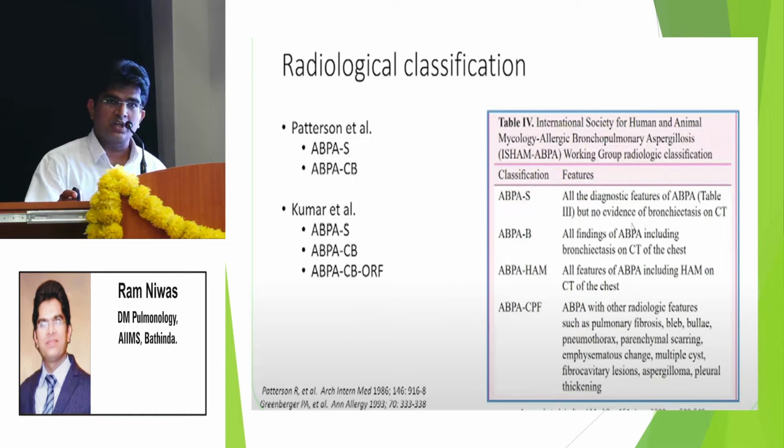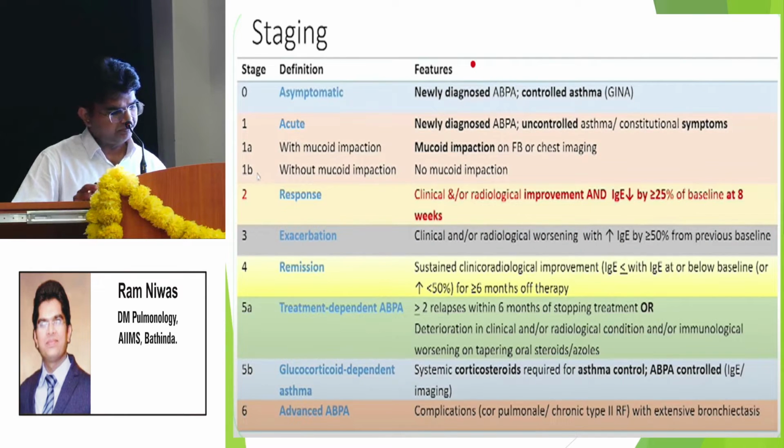If there is bronchiectasis, then we classify as ABPA-B. If along with bronchiectasis there is high attenuated mucus, then it is classified as ABPA-HAM. And if there is chronic pleuropulmonary fibrosis along with bronchiectasis, then it is classified as ABPA-CPF.